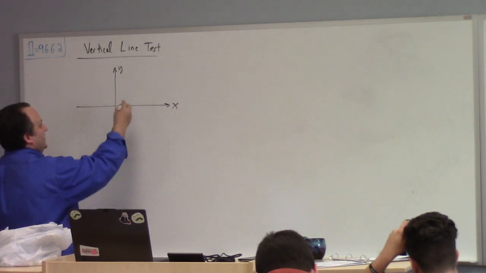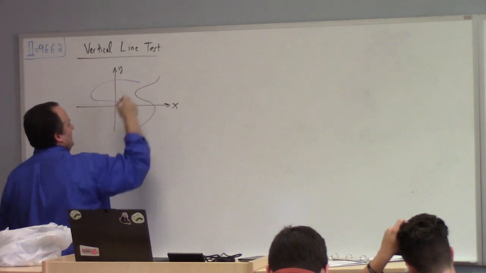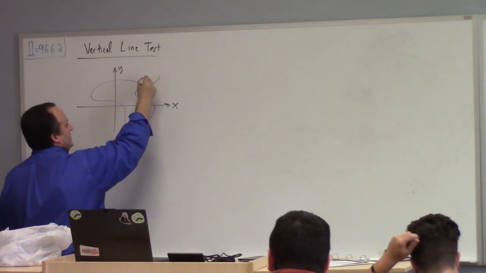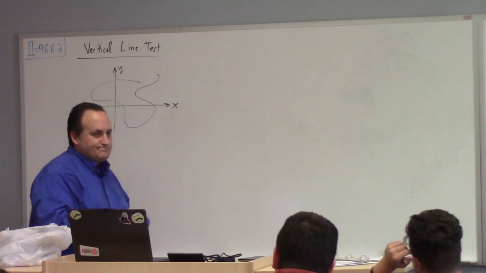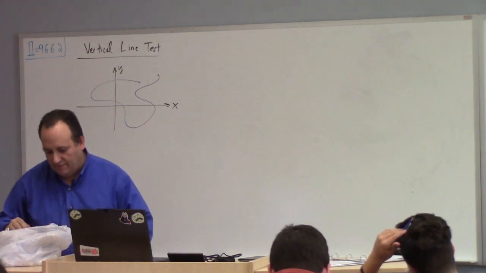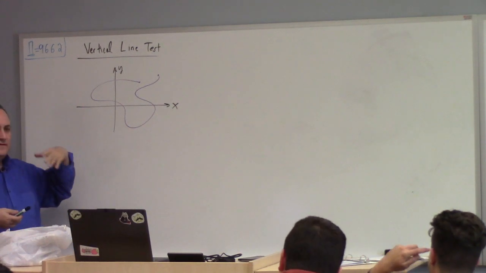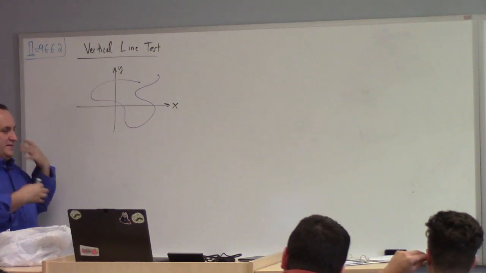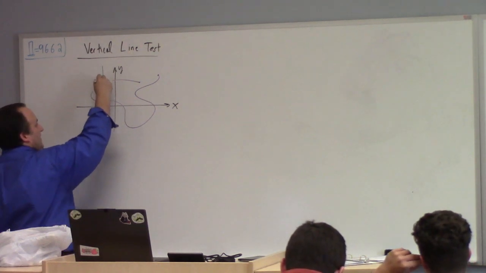So if we have some kind of shape like this, for example, suppose that's your graph. Is that the graph of a function? A graph could be any subset of the plane. So a graph is a very general idea, but the graph of a function has to pass the vertical line test.